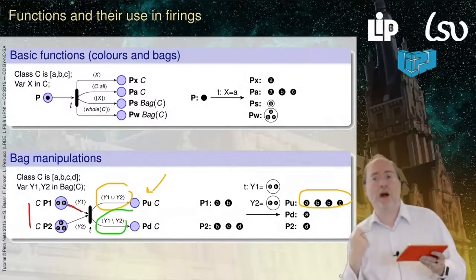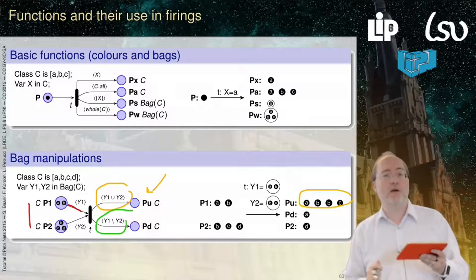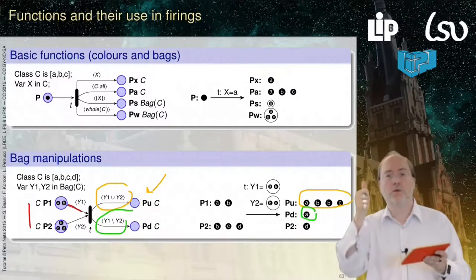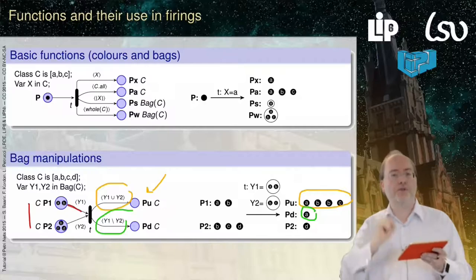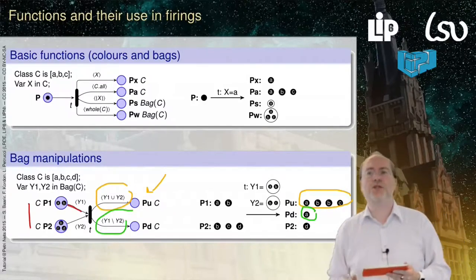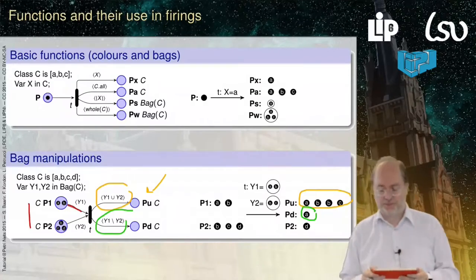I will subtract all the tokens I found that are common in the bag Y2. And so I end with just 1 token, because once again, the bag is not preserved here, it's just used for the execution, the firing of the transition.